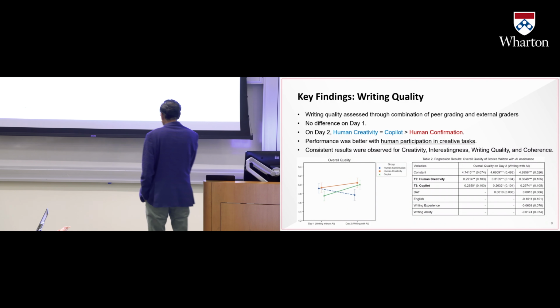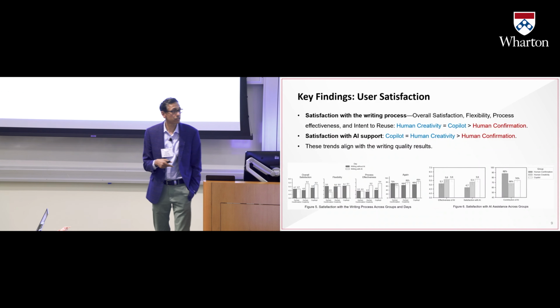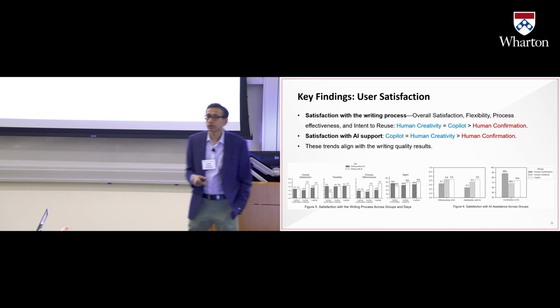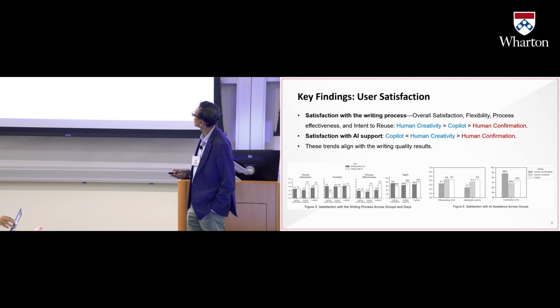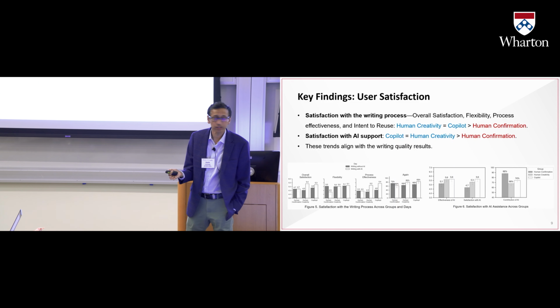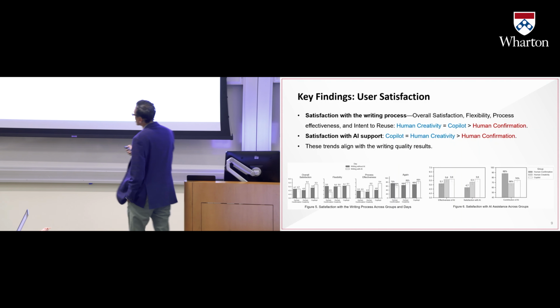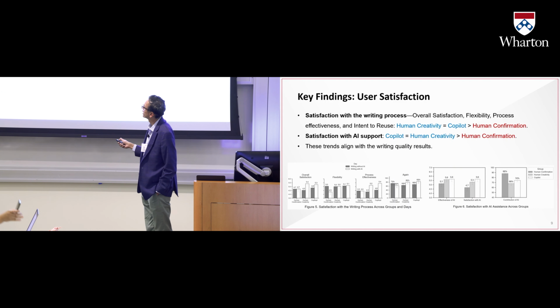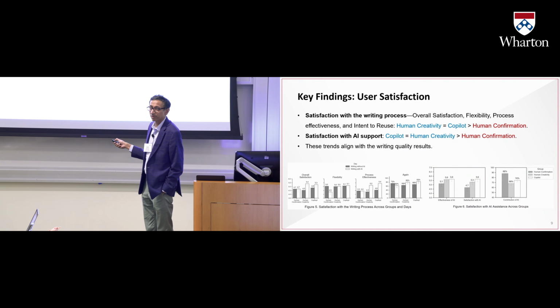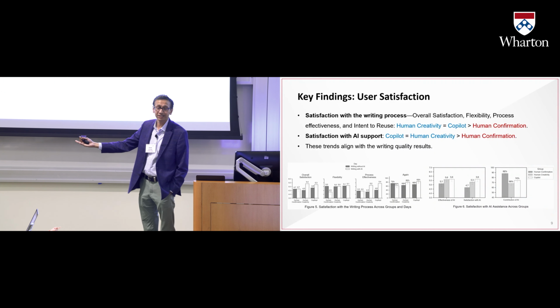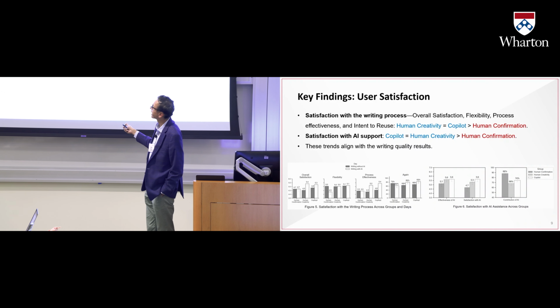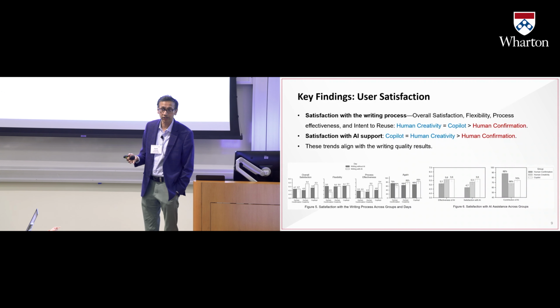Next, we looked at satisfaction of the participants, and we looked at a few different measures. You have satisfaction with the process first. We looked at overall satisfaction with the process, whether they felt the process gave them enough flexibility, whether they felt the process was effective in helping them reach their goals, and whether they intend to use the process again or not.